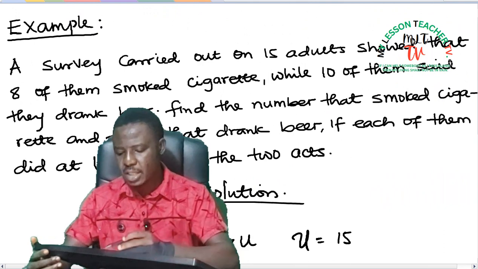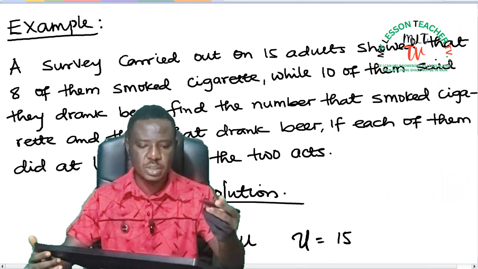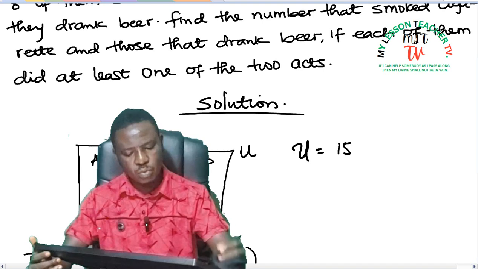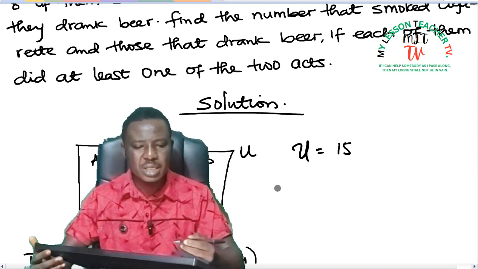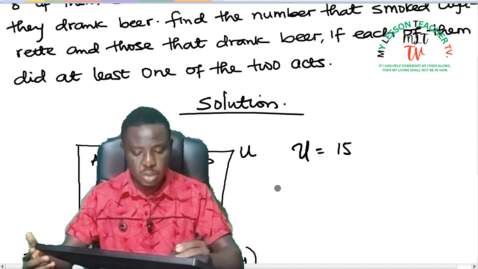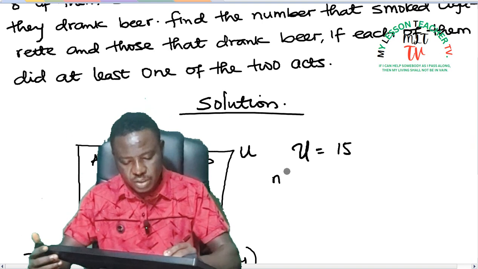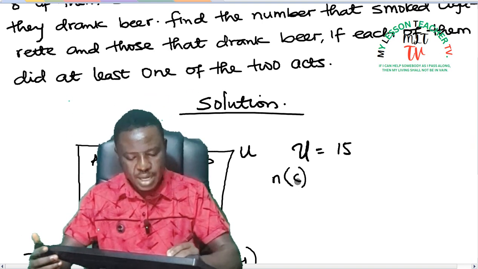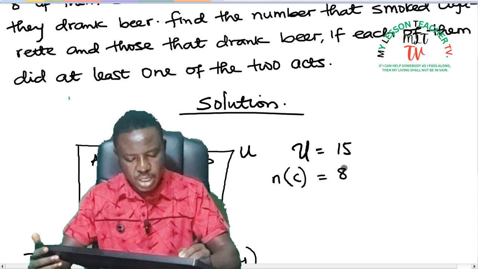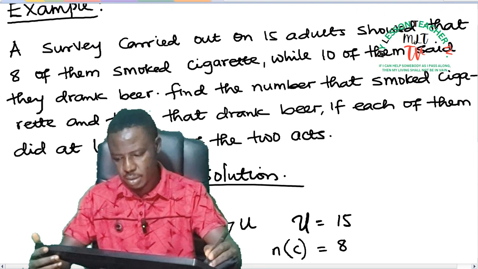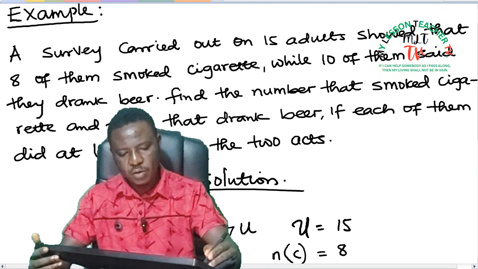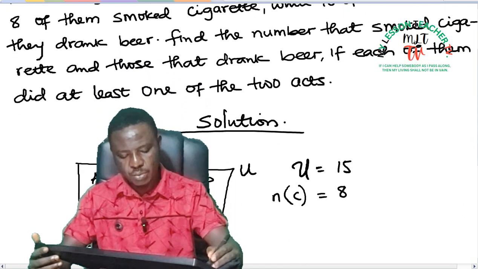Showed that 8 of them smoke cigarettes. Now, 8 of them smoke cigarettes doesn't mean they smoke only cigarettes. So n of cigarettes, I will represent it using C. That is, the number that smokes cigarettes is said to be 8, while 10 of them said they drank beer.